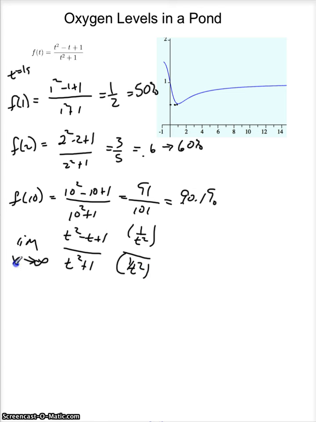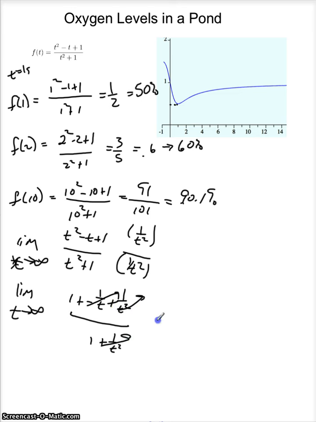So I'm going to look at the limit as t goes to infinity of 1 minus 1 over t plus 1 over t squared divided by 1 plus 1 over t squared. Let's see, that goes to 0, that goes to 0, that goes to 0, and I'm left with 1. So this is a model of a real biological environment.